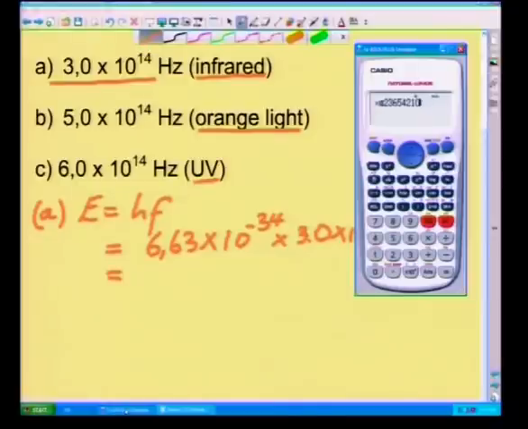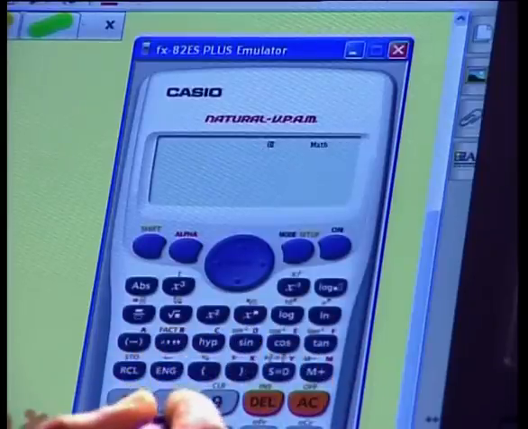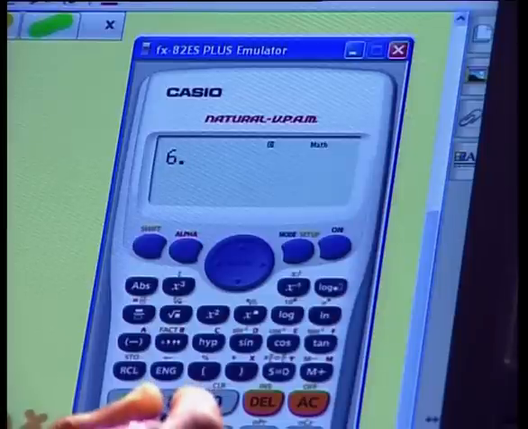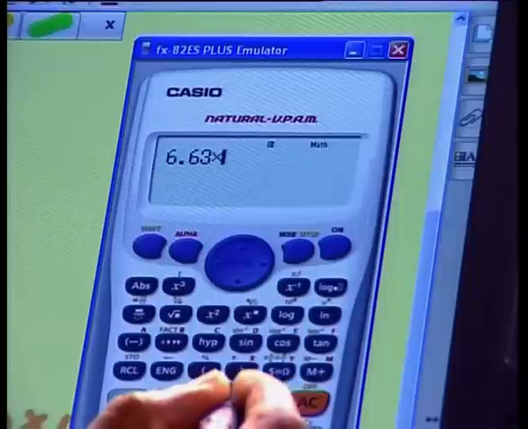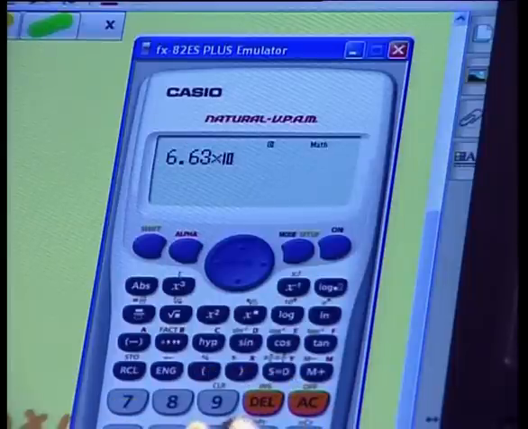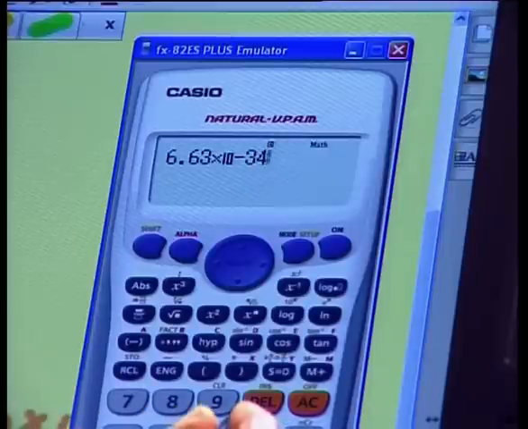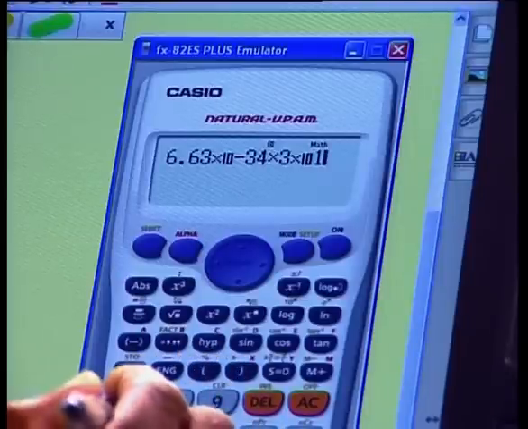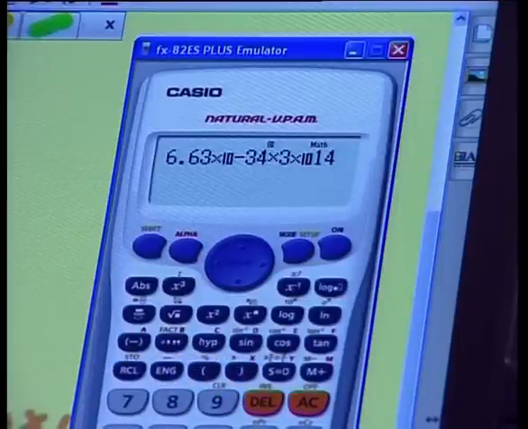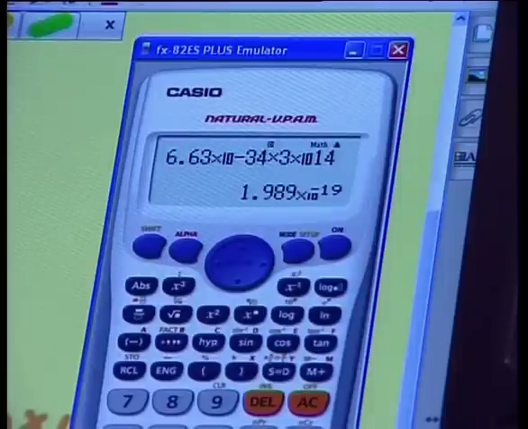So we have 6.63 times 10 to the power minus 34 times 3 by 10 to the power 14. Okay, let's see what that gives us.